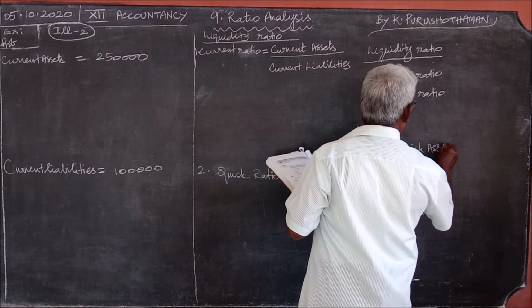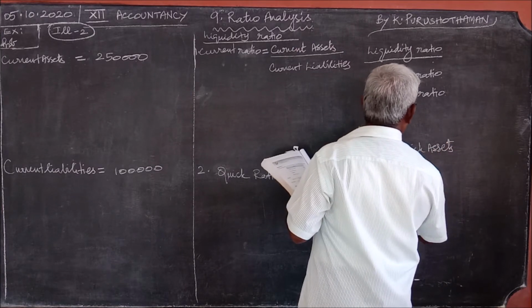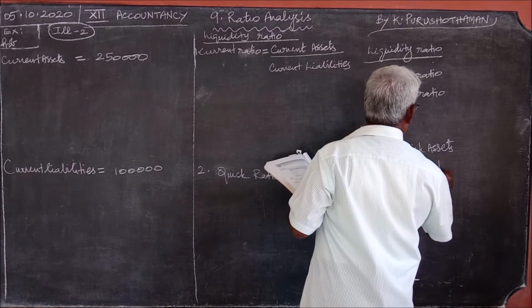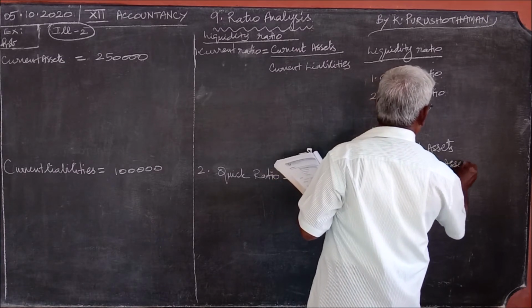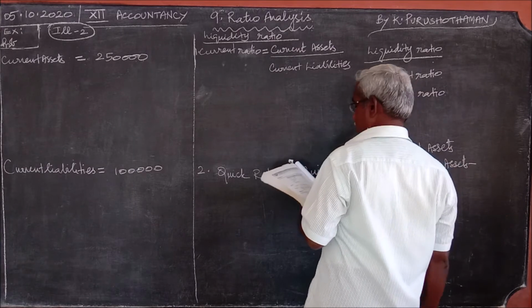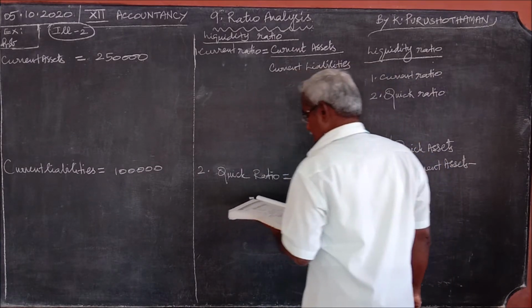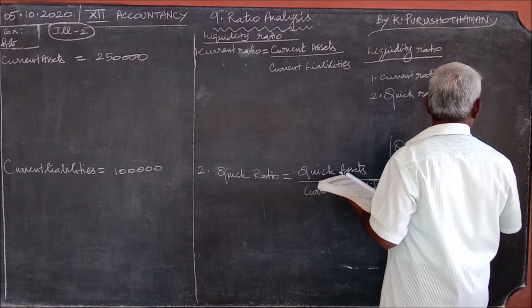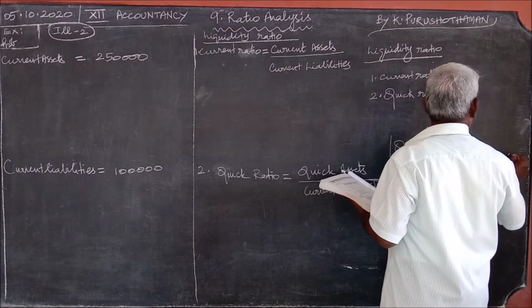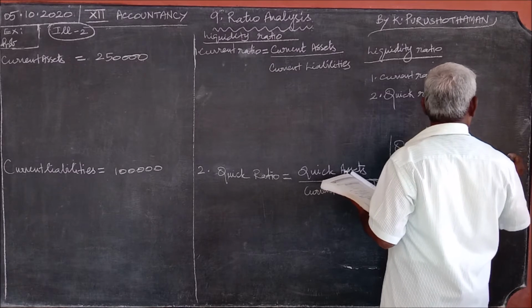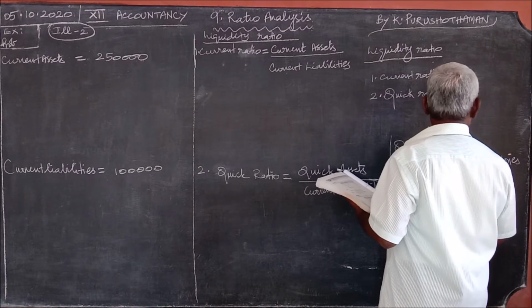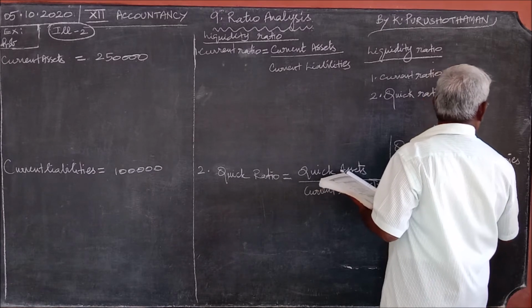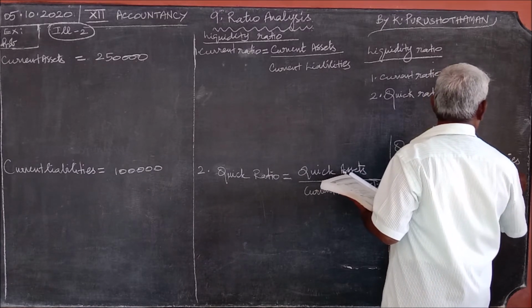Quick assets is equal to current assets minus inventories minus prepaid expenses.